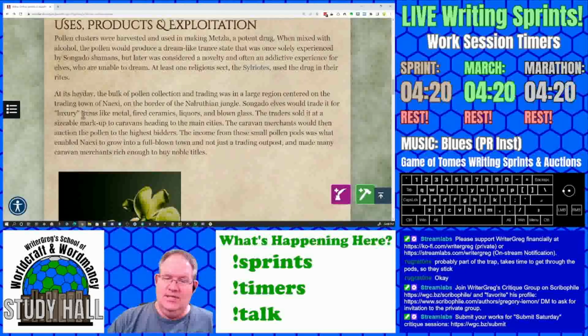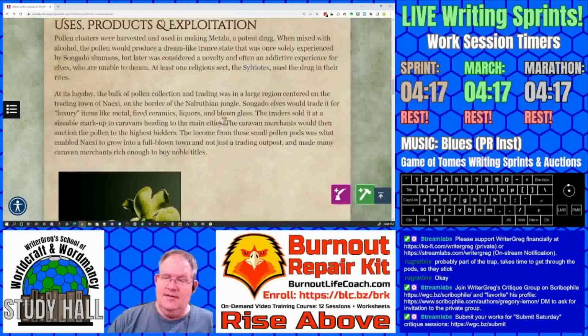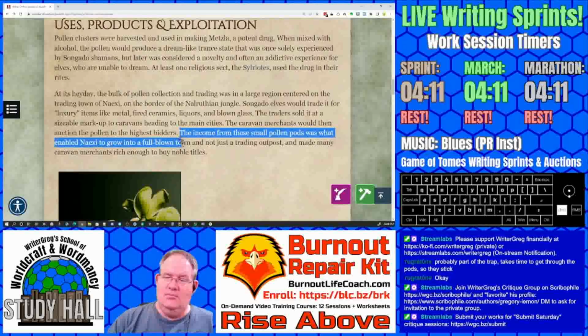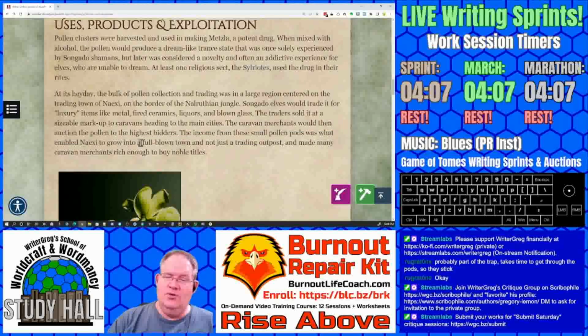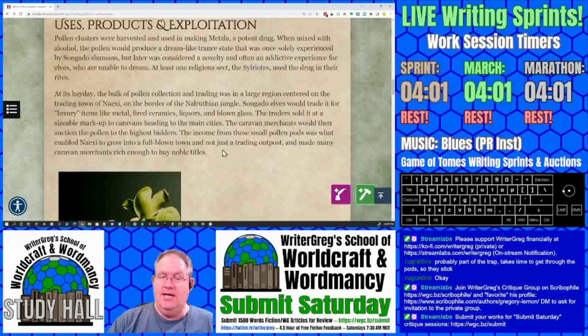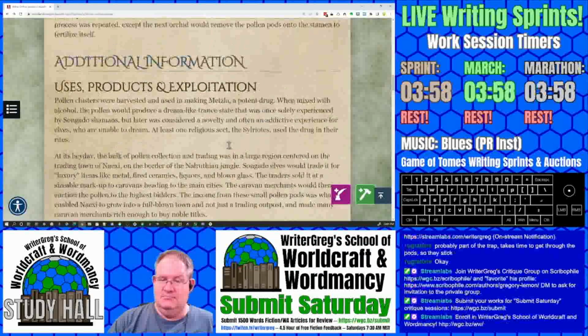The traders sold it at a sizable markup to caravans heading to the main cities. The caravan merchants would then auction the pollen to the highest bidders. The income from these small pollen pods was what enabled Naexi to grow into a full-blown town and not just a trading post, and made many caravan merchants rich enough to buy noble titles.